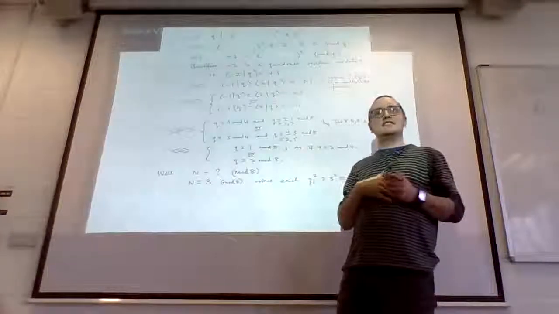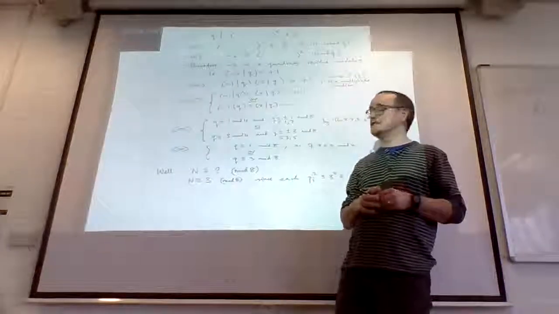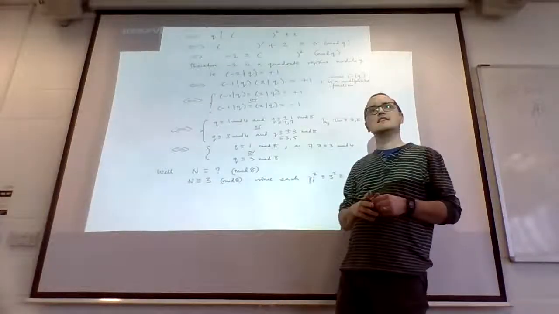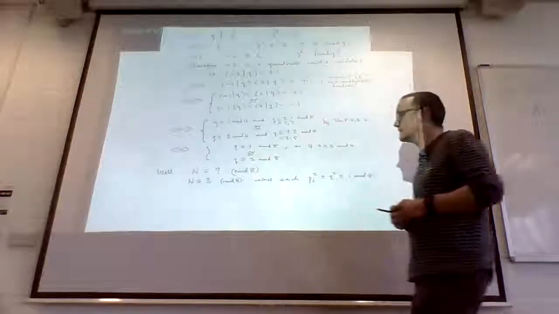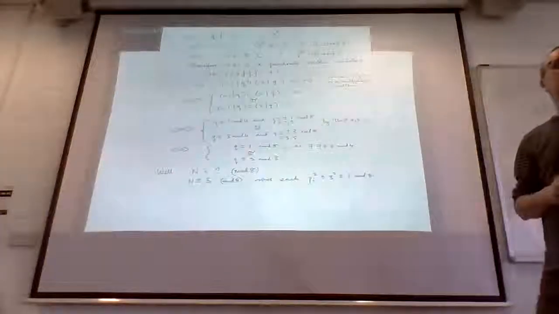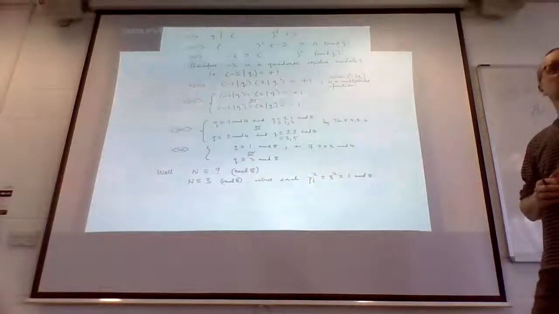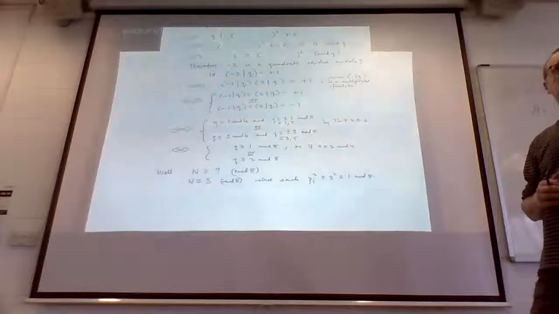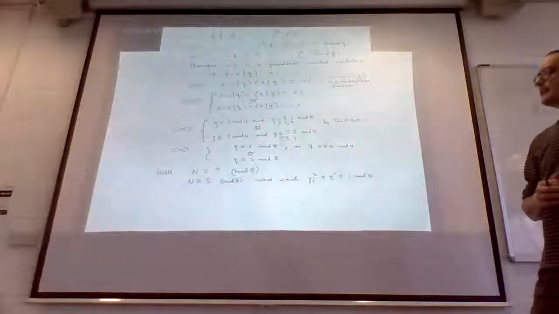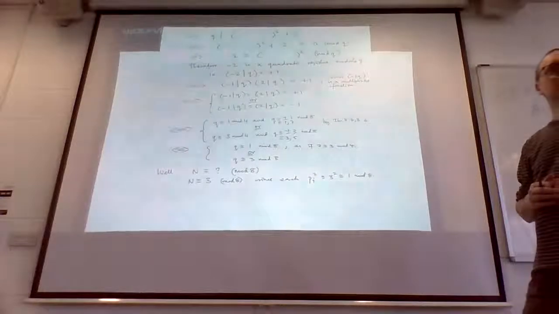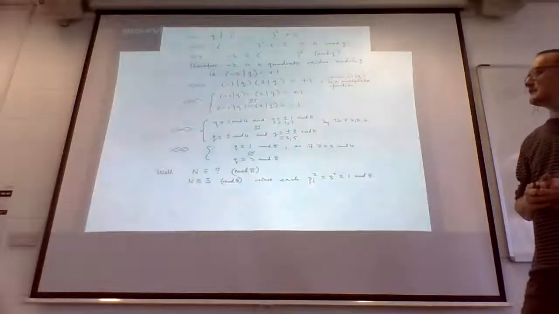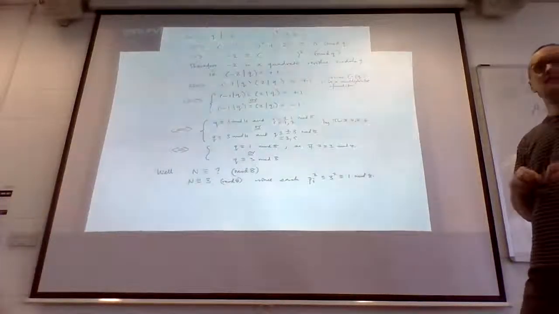Well, if n is congruent to 3 mod 8, then you can't have something that's 3 mod 8 going into the... Don't seem to be getting that out of you.